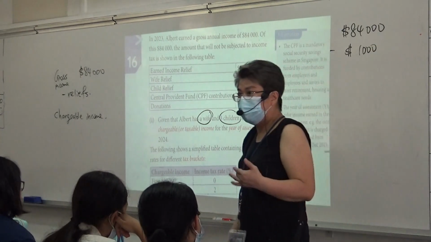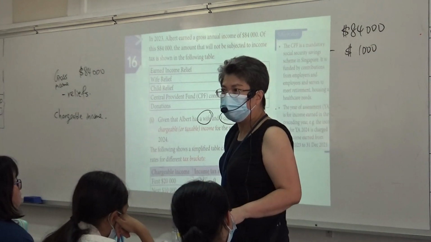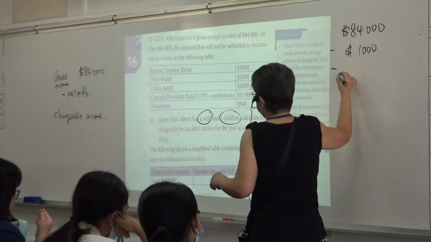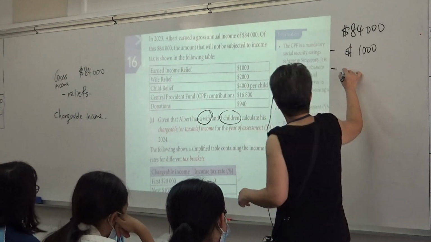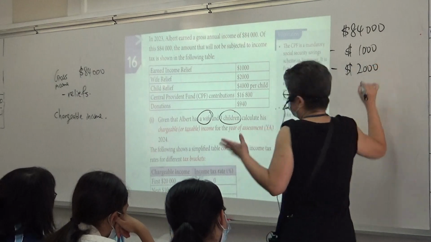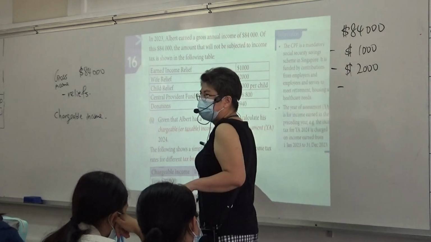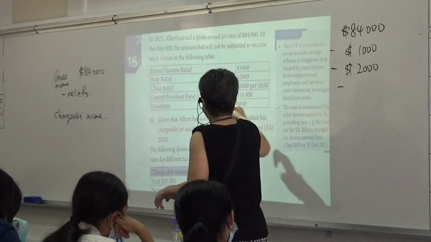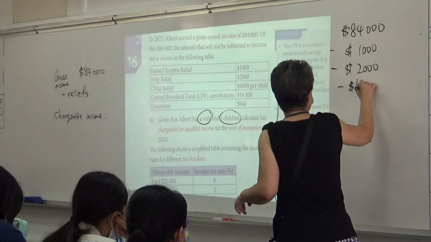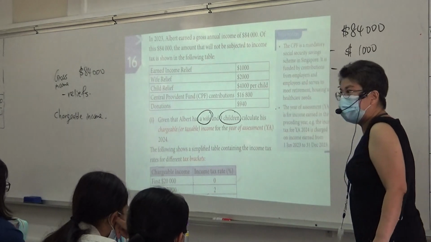Actually quite cruel lah. You only spend $1,000 a year. A bit cruel, but never mind. Has a wife or not? Has a wife. How much? Can you see the wife spends more than him? Okay. Now, how many children? Three. So I must take 4,000 times 3, right?